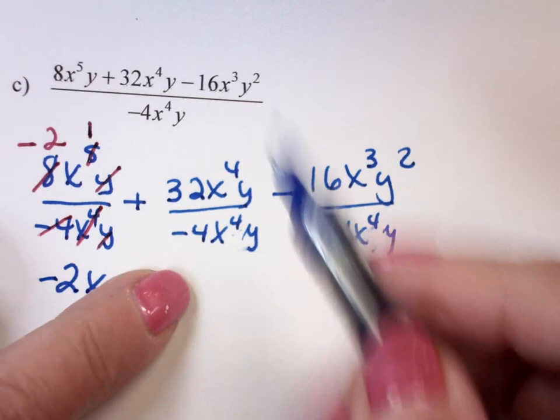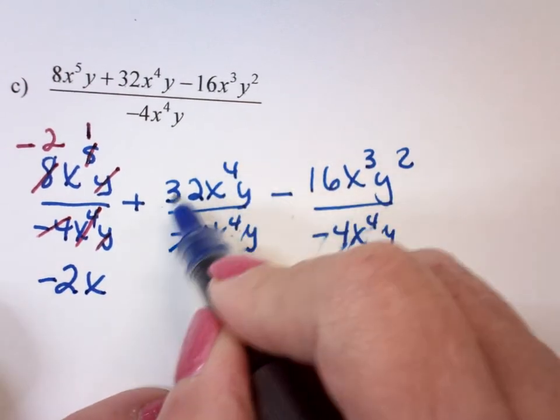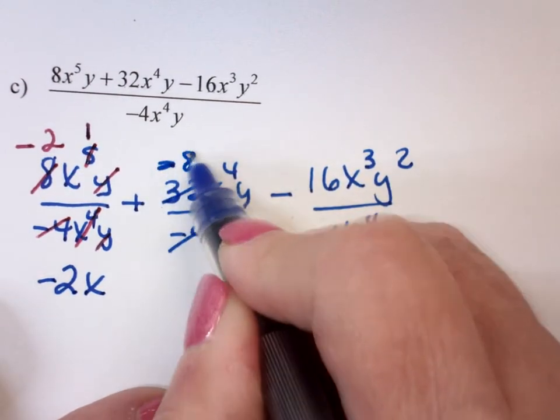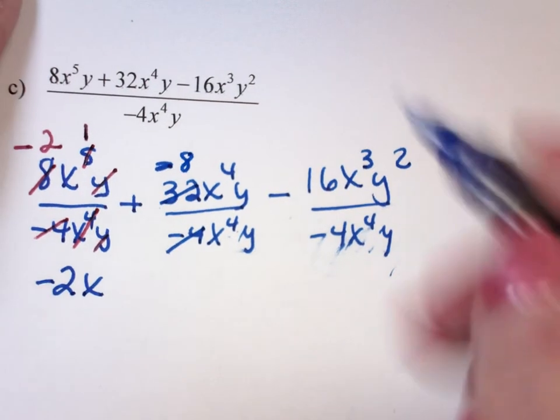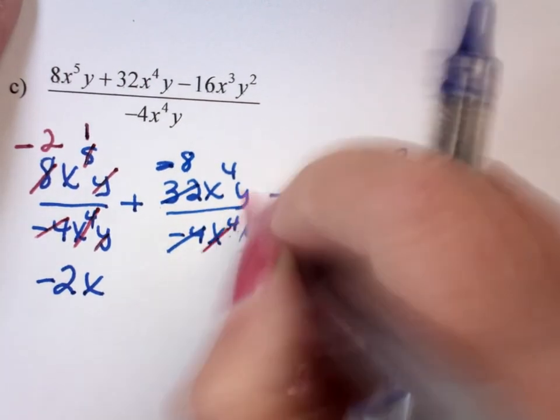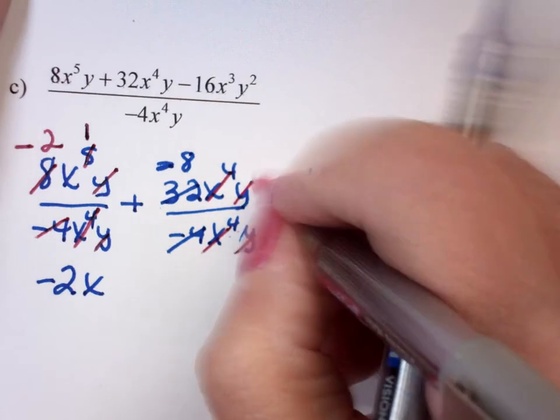Because the next one is going to be negative 4 into positive 32 is a negative 8, right? And the x to the 4's go, and the y's go.